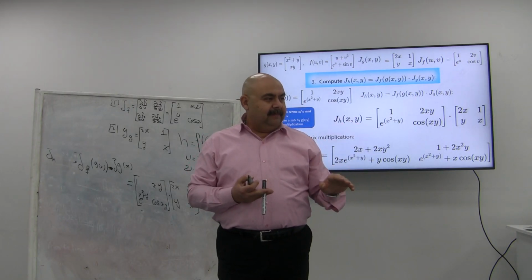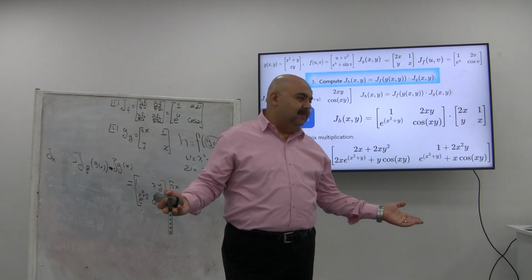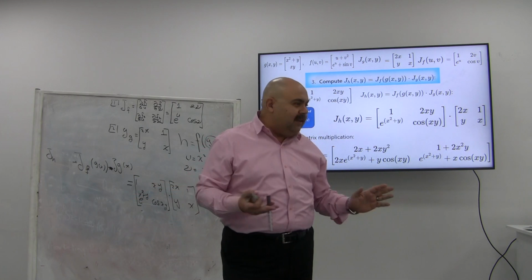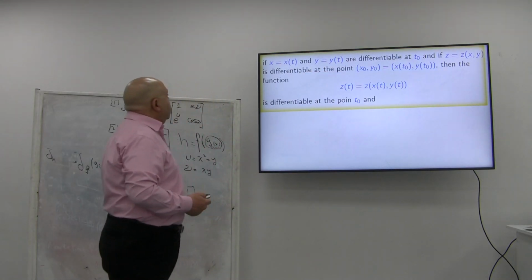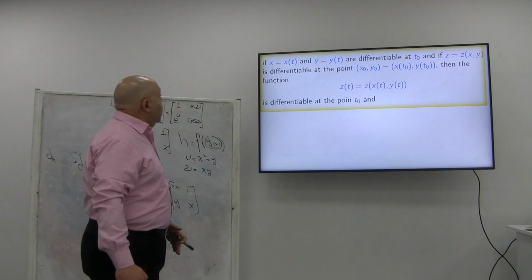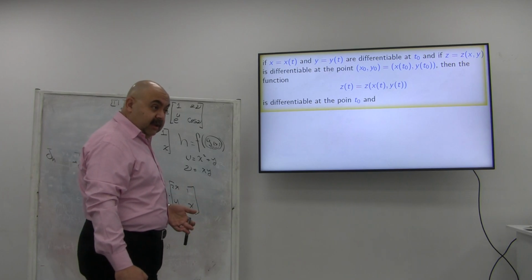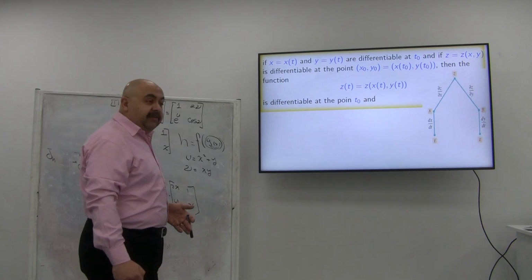But since it's a multivariable function itself, we have to use the partial derivatives, we have to use the Jacobians. And that's it. Okay, very simple. Here we will start talking about if I have a parameterization for a function as a function in T and so on. Okay, this is very, very interesting.